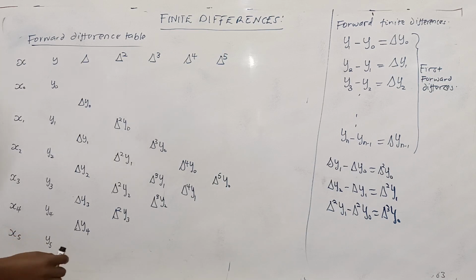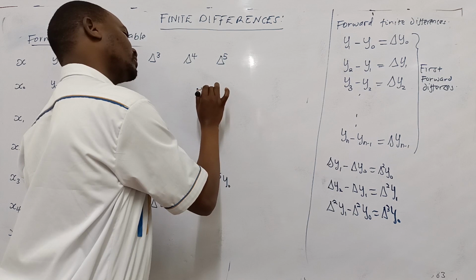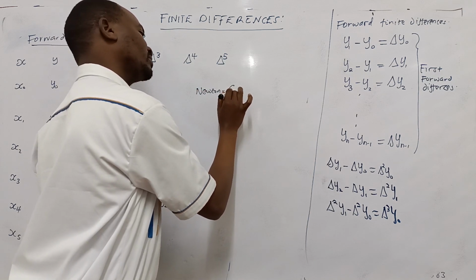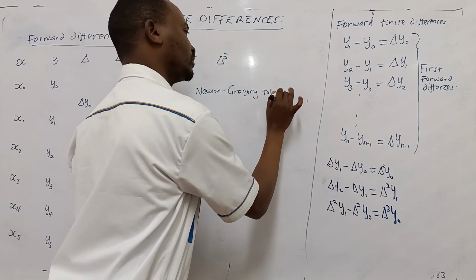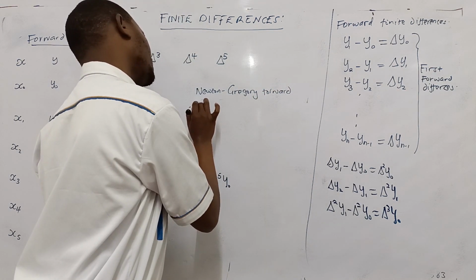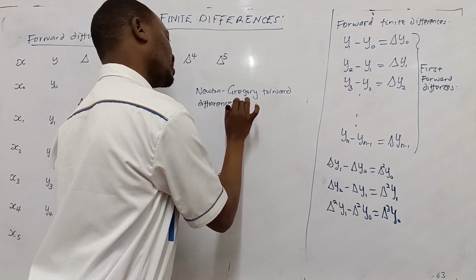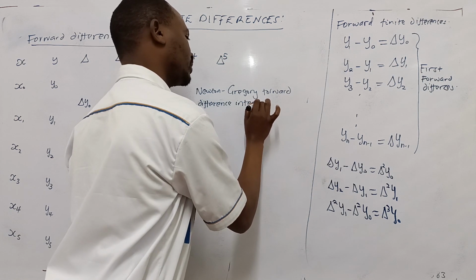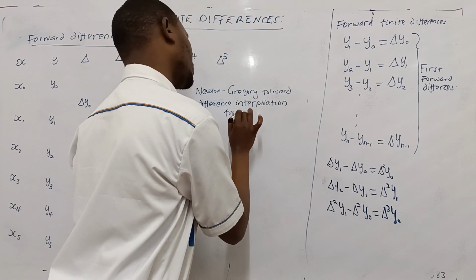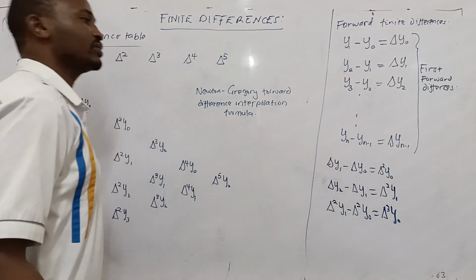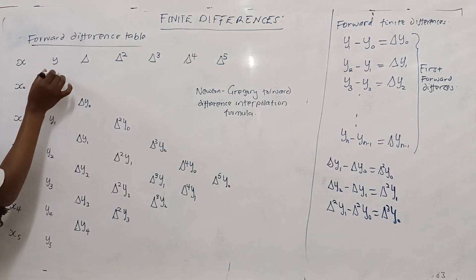In that case, if you are required to use the Newton-Gregory forward difference interpolation formula, or if you are simply told to use Newton-Gregory forward interpolation, you'll be using these values.